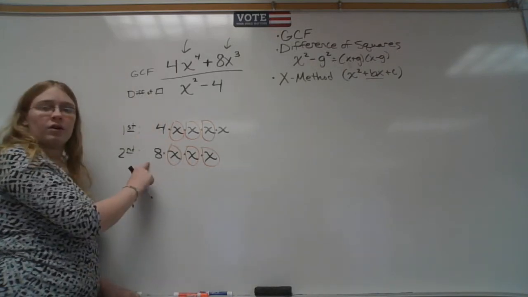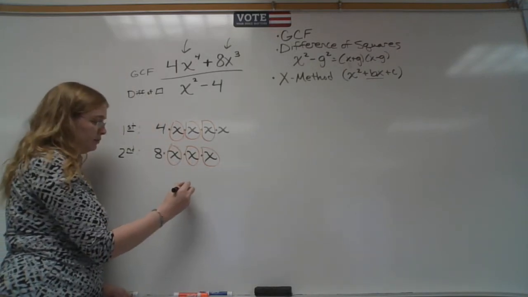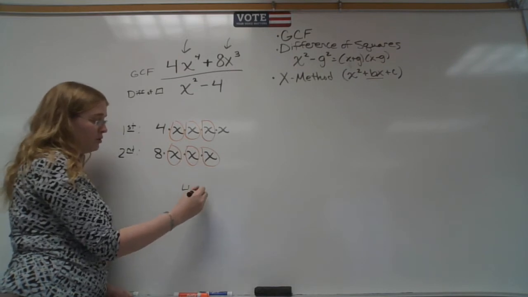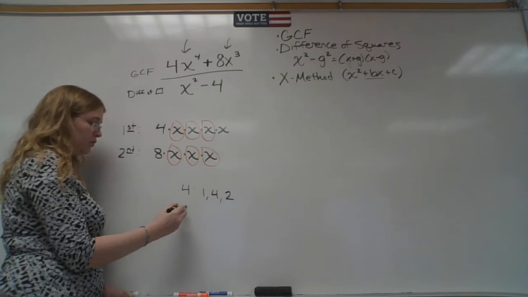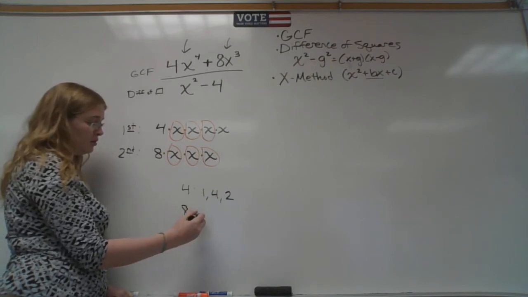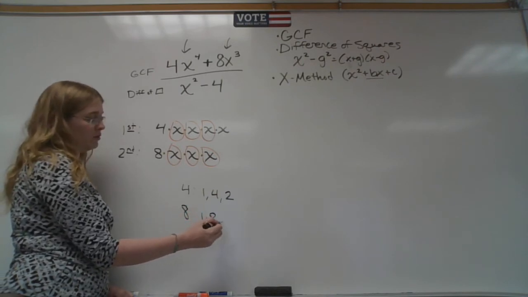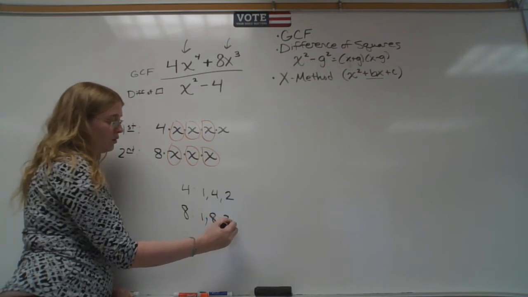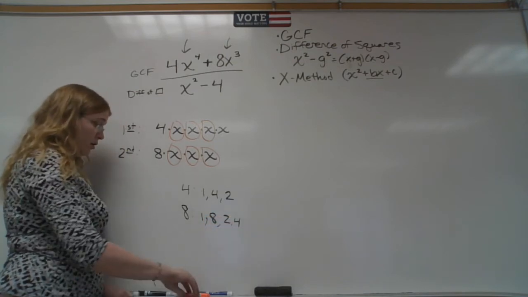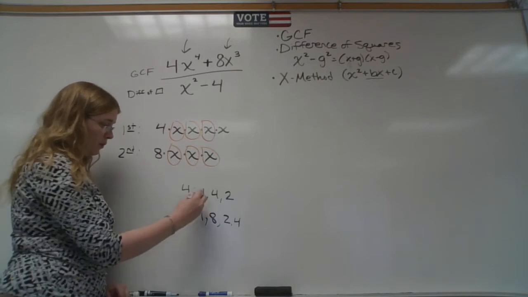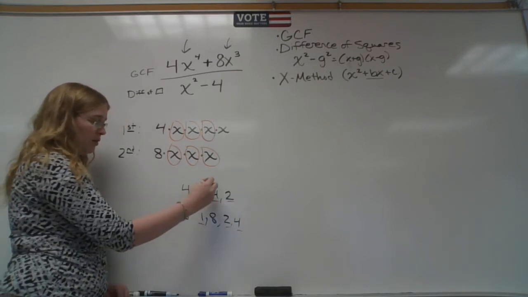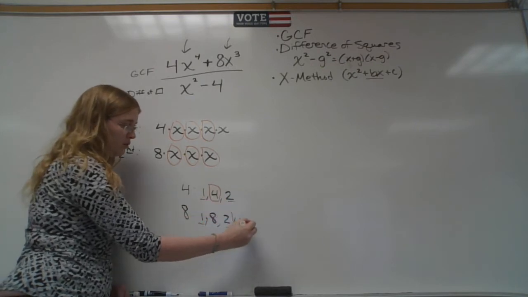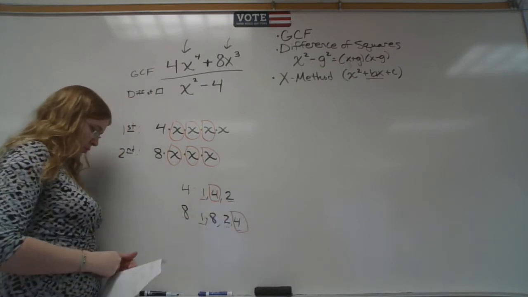Next, you got to compare 4 and 8. So factors of 4, 1 and 4, and 2 and 2. Factors of 8, 1 and 8, and 2 and 4. So they have all those factors in common, but we only care about the biggest one, which is 4.